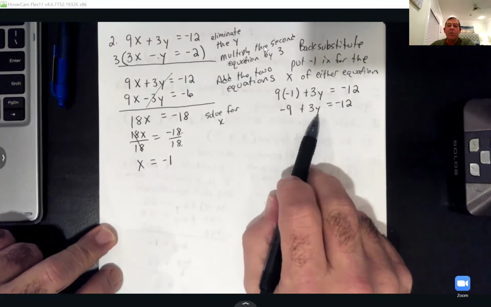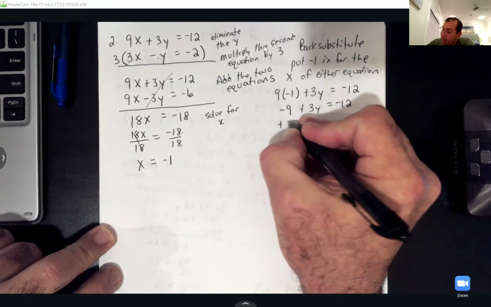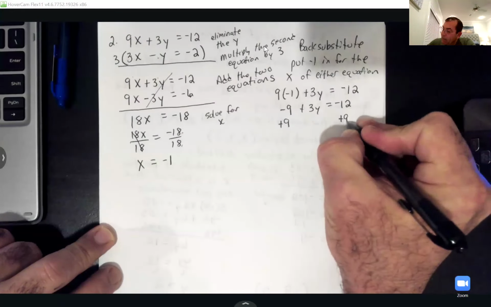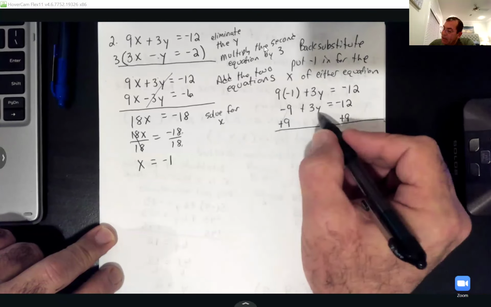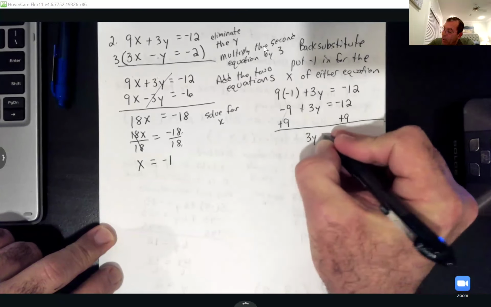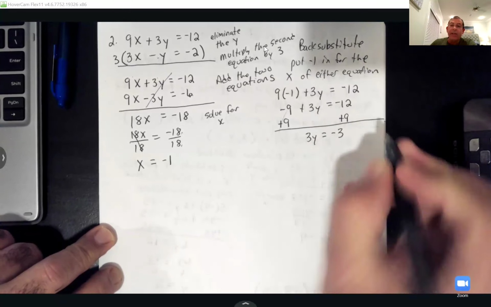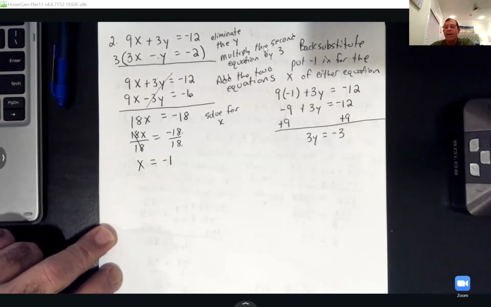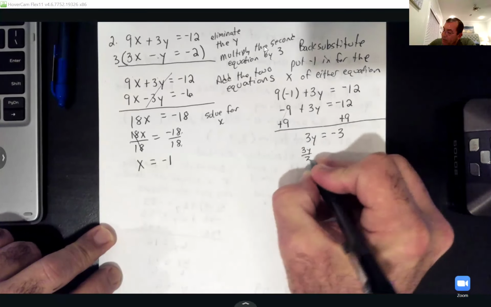All right, remember, solve for the y now. So add 9 to both sides. All right, y'all, that's going to give me 9's cancel. So I got 3y, -12 and 9 give me -3. And y'all, final step, divide by that 3 on both sides.